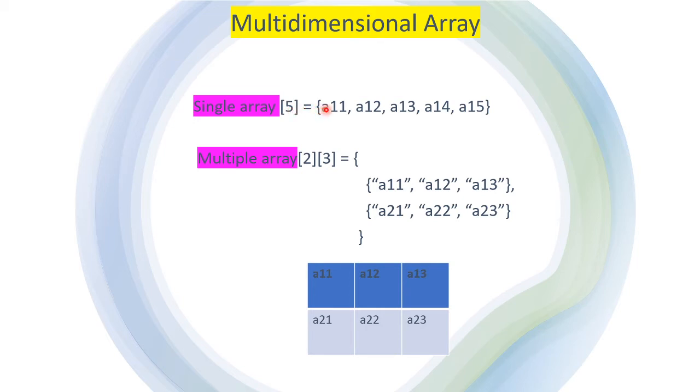And what it means is that when we say a single line array, it means we have just a row of an array. So here we have one element which is on position 0, another element which is on position 1, another element A13 which is on position 2, and A14 which is on position 3, and A15 which is on position 4.